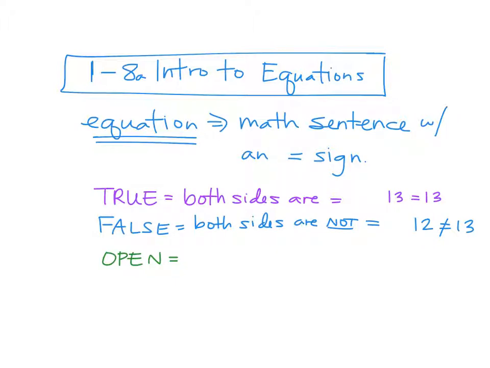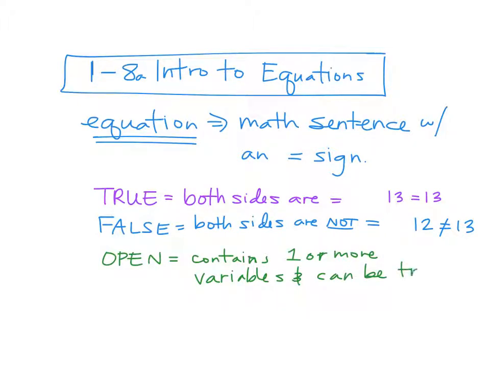And then open is different. Open is going to contain a variable. So one or more variables, and it can be true or false.